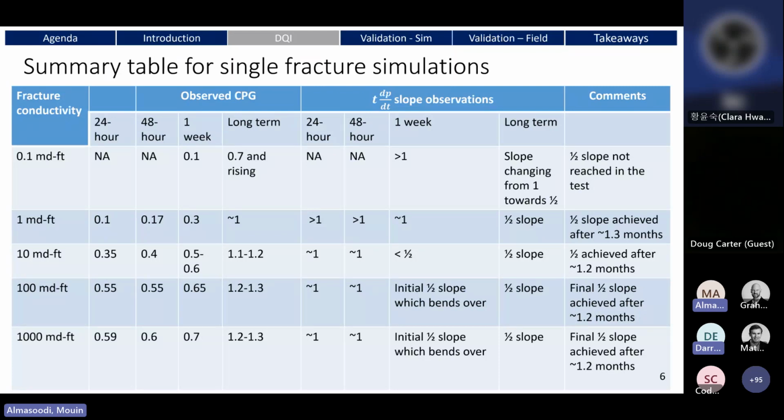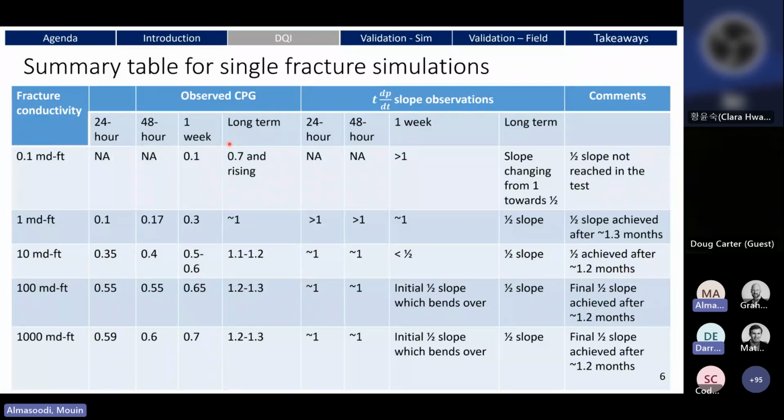So we've investigated two things. We've looked at a simple scenario where we have a single fracture, a simple model, and we looked at different conductivities in the fracture. We input the conductivity and looked at the range from 0.1 millidarcy-foot all the way to 1,000 millidarcy-foot. We also analyzed interference using the CPG approach over 24 hours, 48 hours, 1 week, and also a longer term of 4 weeks.